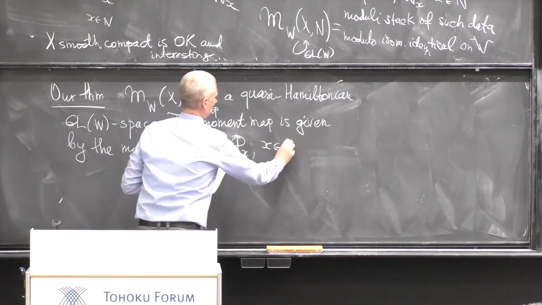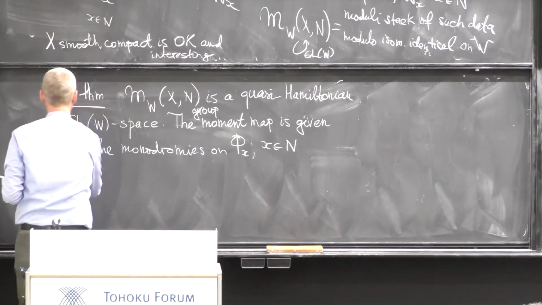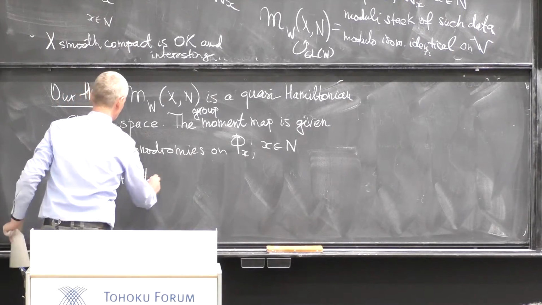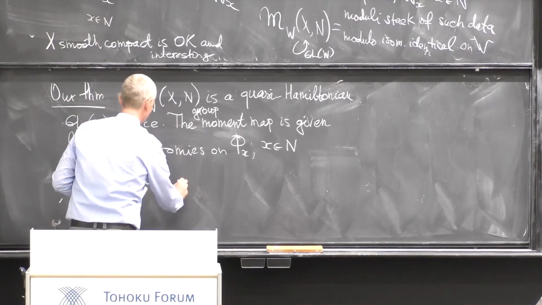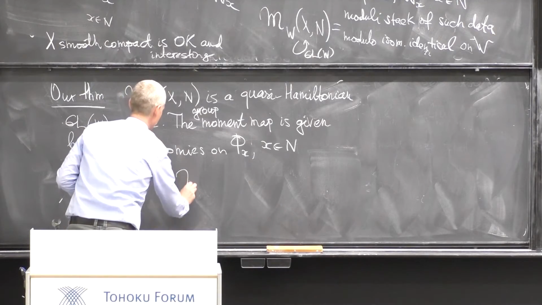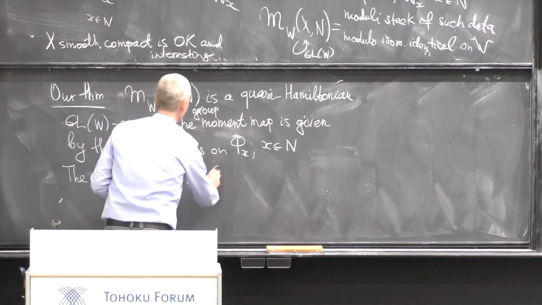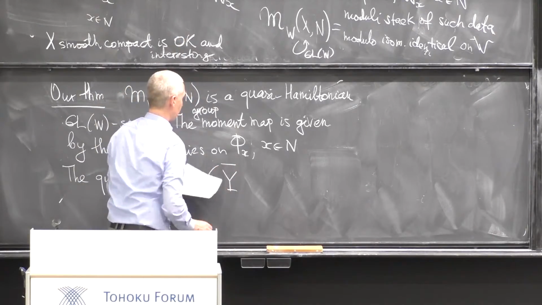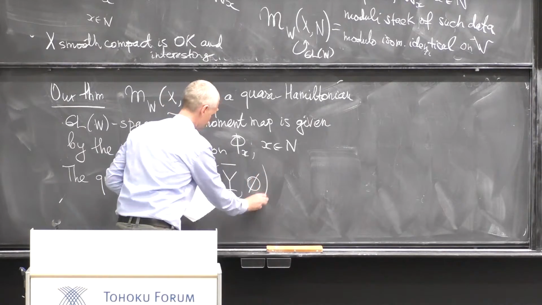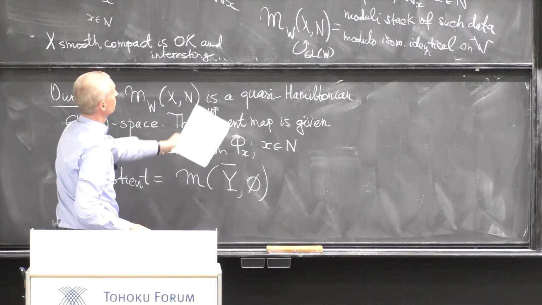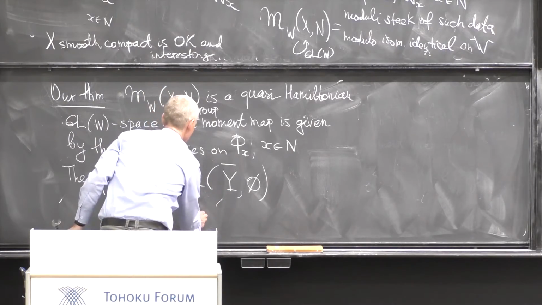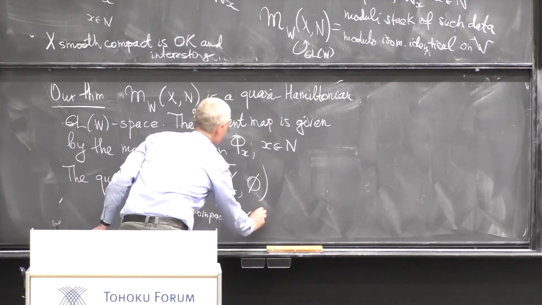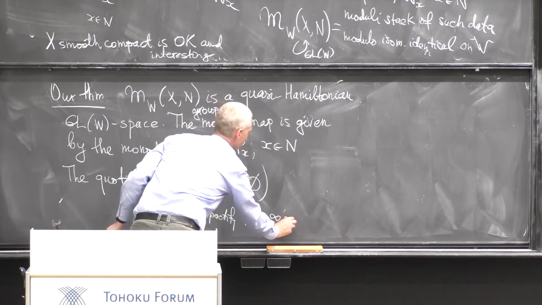The space is the corresponding moduli space of objects on this curve Y that I explained before, but we compactify it at infinity, and then we look at the result of compactifying.